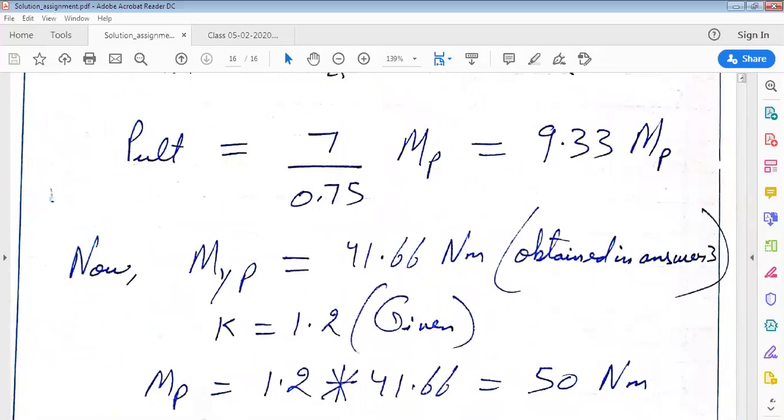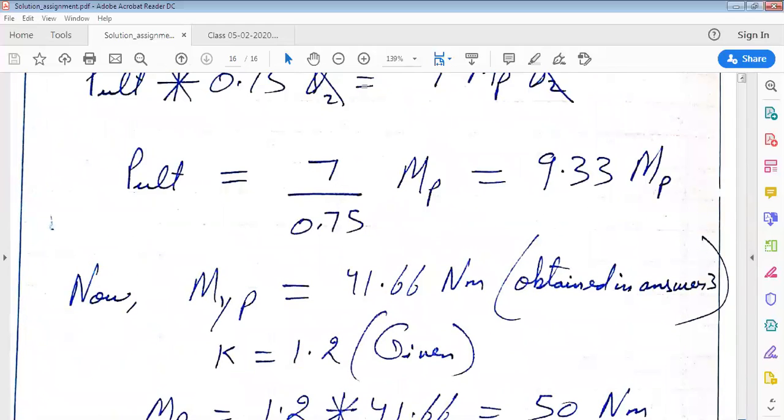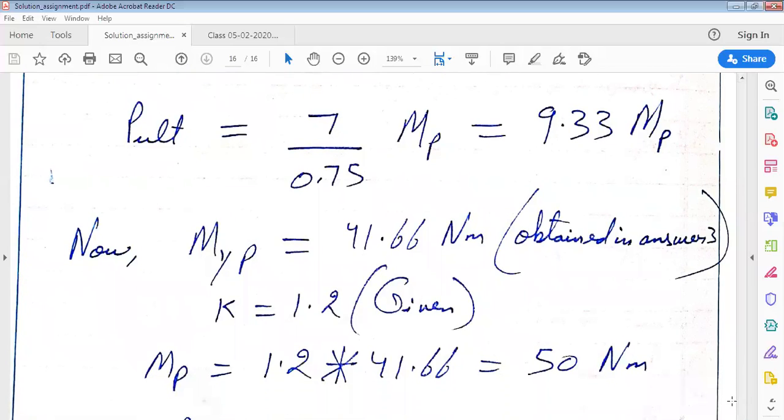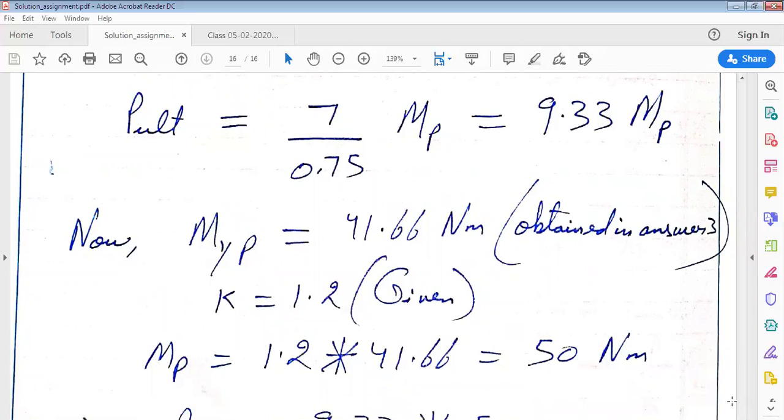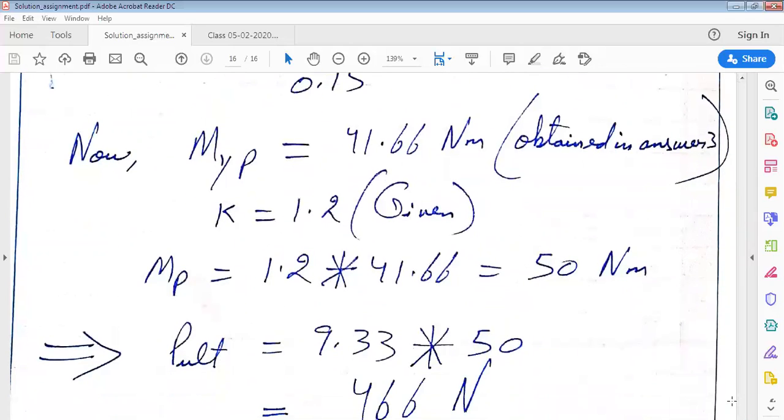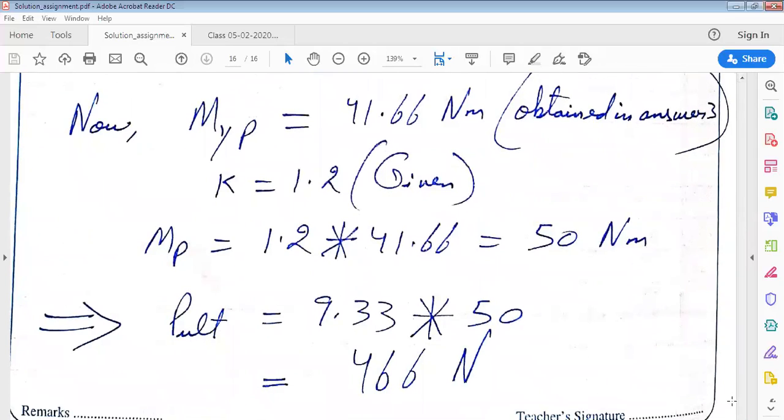In the last question, we have already computed MYP, yield point moment equal to 41.66 Newton meter. And shape factor has been given to us as 1.2. So MP now becomes equal to 1.2 into 41.66, that is 50 Newton meter. And the ultimate plastic limit load becomes 9.33 into 50, that is equal to 466 Newton.